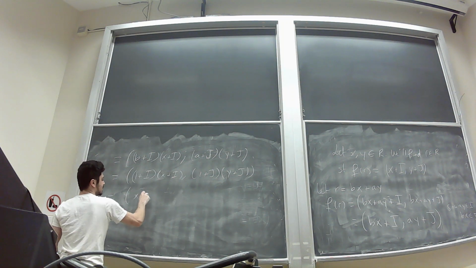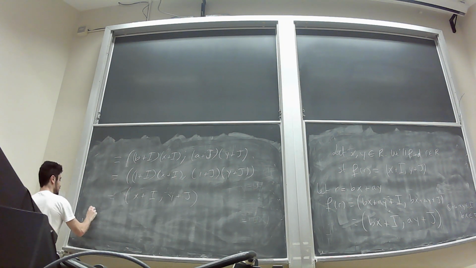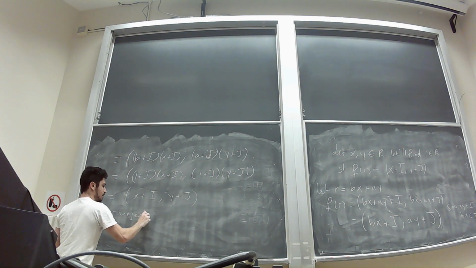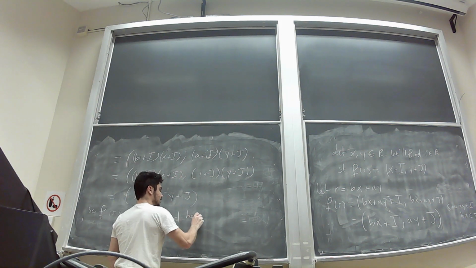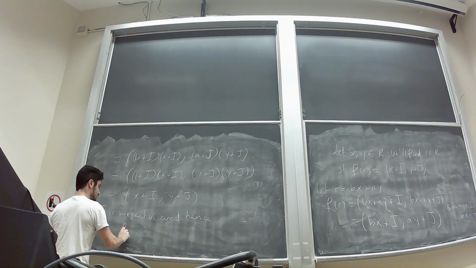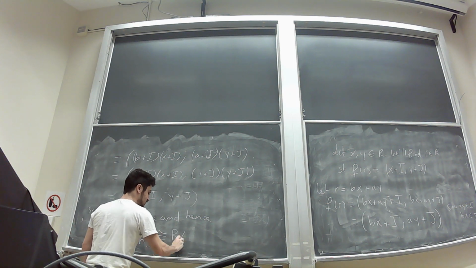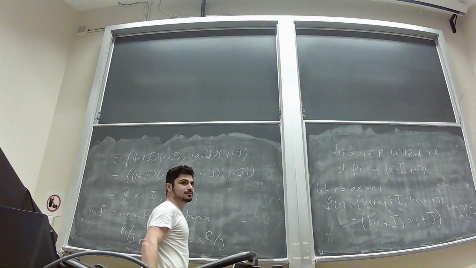This is just (x plus I, y plus J). So f is surjective, and hence R mod I intersection J is isomorphic to R mod I cross R mod J.